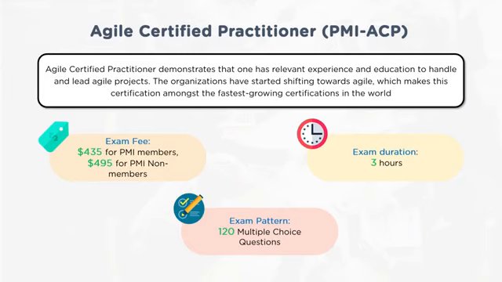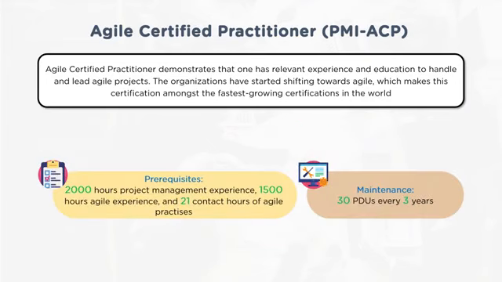Duration is 3 hours, with 120 multiple choice questions. The prerequisite is 2000 hours of project management experience with 1500 hours of Agile experience and 21 contact hours of Agile practices. For maintenance, 30 PDUs are required every 3 years, and after paying the renewal fee, it can be renewed.